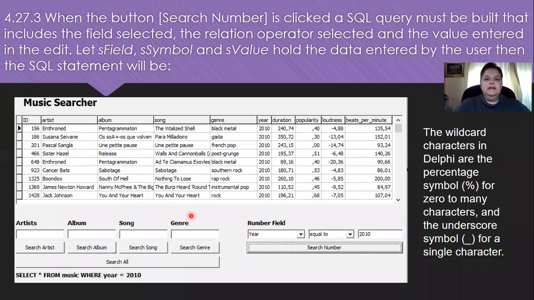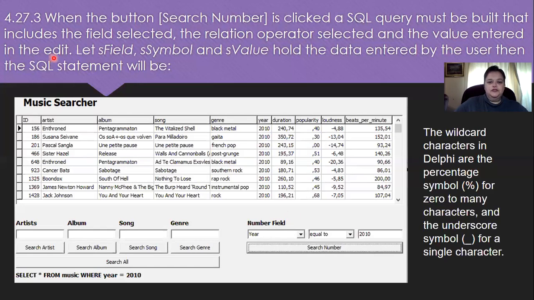Let's take a look at the next part. When the button Search Number is clicked, a SQL query must be built that includes the field selected, the relation operator selected, and the value entered in the edit.